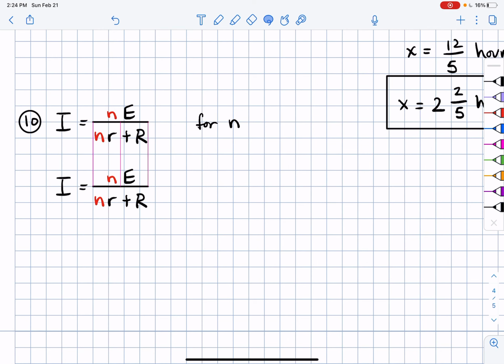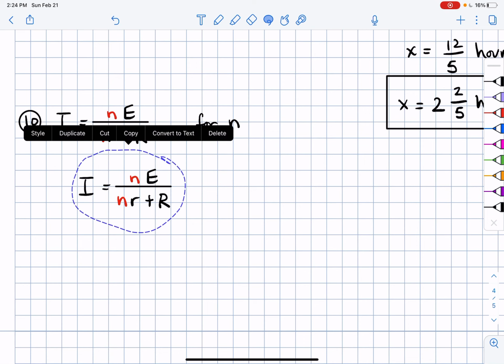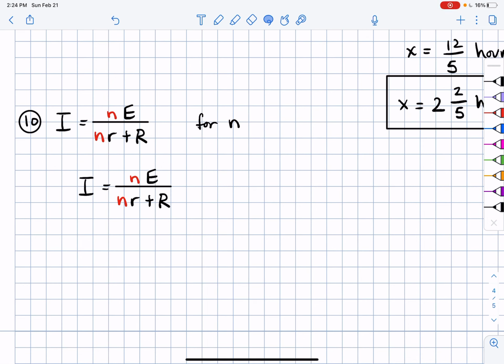This is what I would typically do: I would multiply both sides by nr plus big R. The reason I want to do that is to get rid of that denominator.